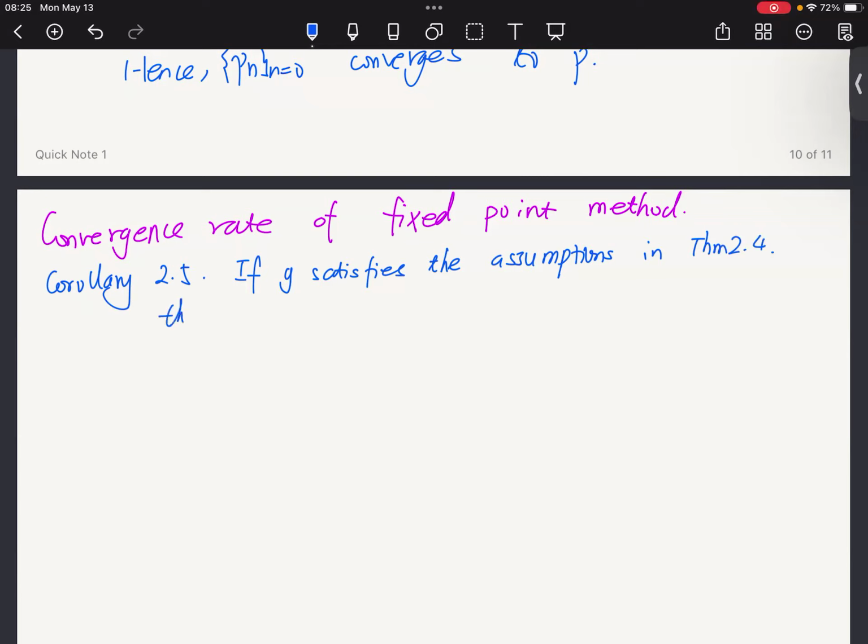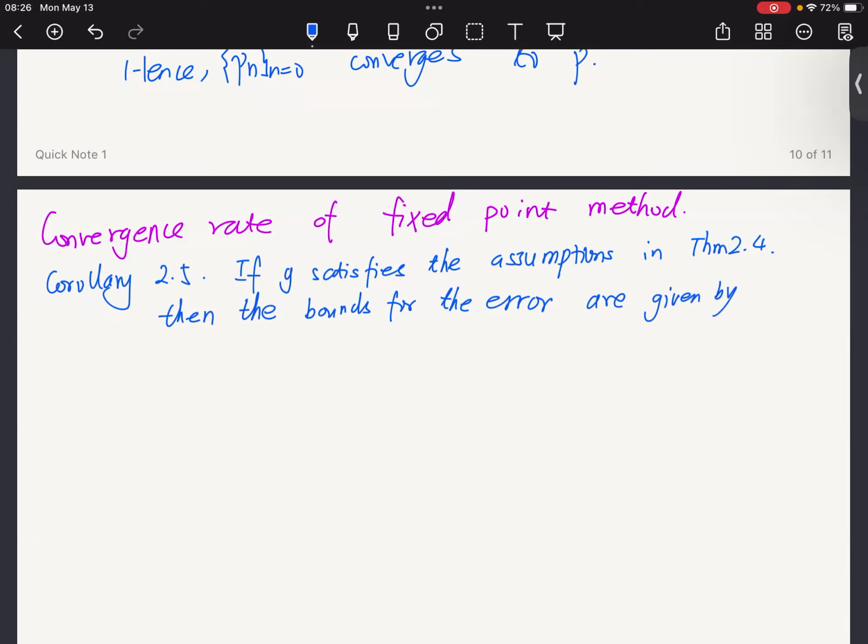Then the bounds for the error, or you can say it's just something related to the convergence rate. Bounds for the errors are given by this.